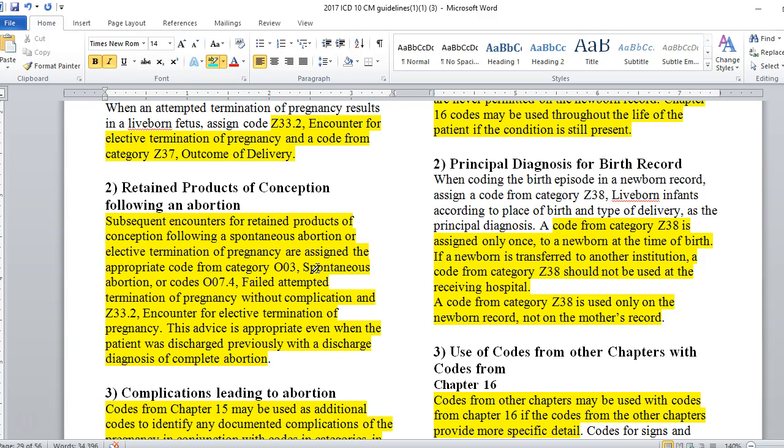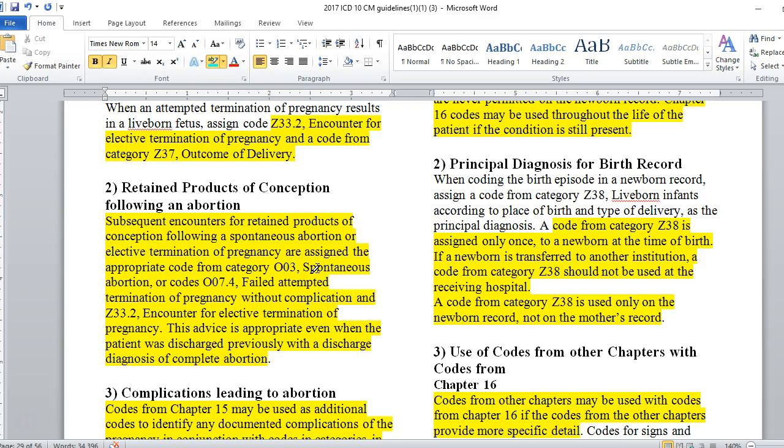So again, sometimes a piece of tissue is still in the womb somewhere, and that piece of tissue can necrotize, it can get infected, and it can lead to the woman having to come back because of that. And so again, what do we know about the circumstances?